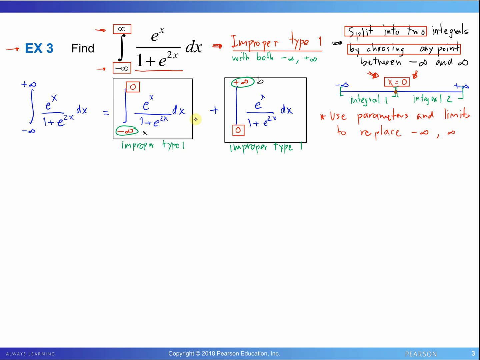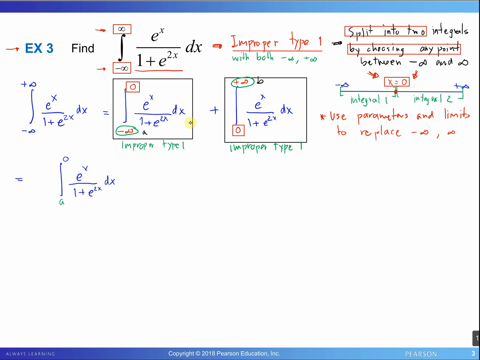And now we have this. The first integral, same function, e to the power of x divided by 1 plus e to the power of 2x dx from the starting point, which is now a, the new parameter, to the endpoint 0, the point that we chose.